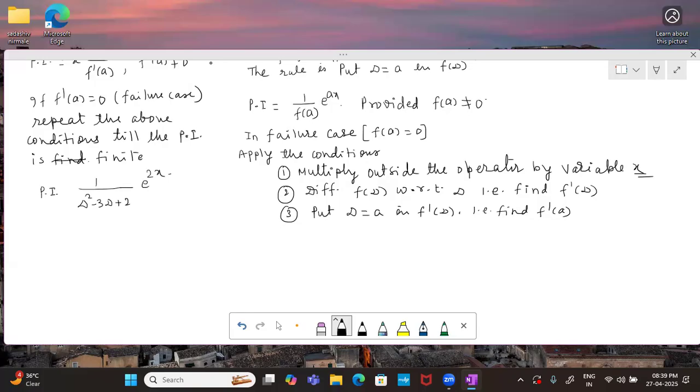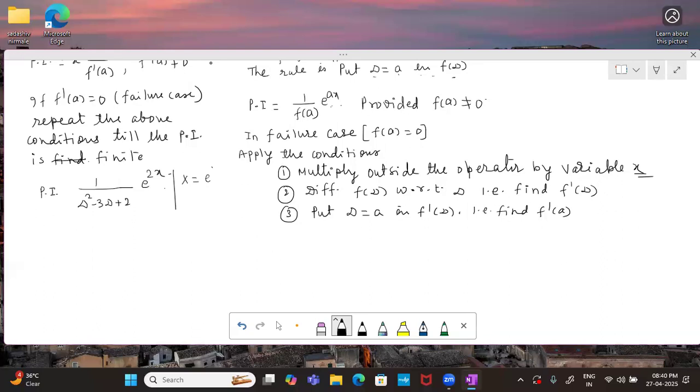Okay. So this is the exponential function like e raised to ax. So when it is e raised to ax, what is the working rule? The working rule is put D is equal to a in f of D. So here we follow the rule.